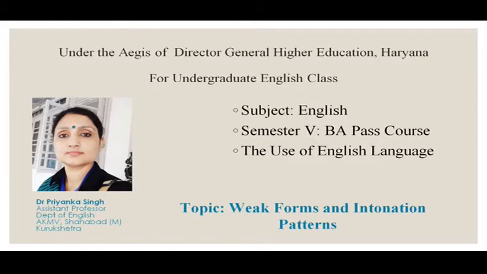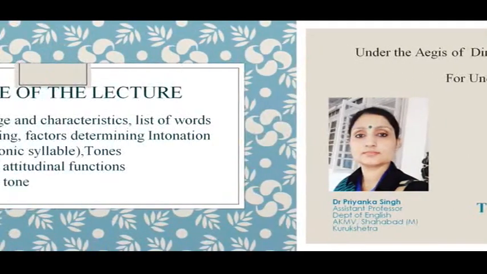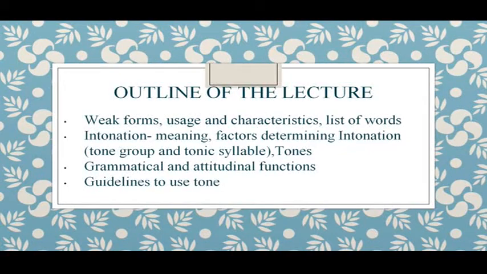This lecture on the use of English language will focus on two key areas of spoken English: weak forms and intonation patterns. The lecture will introduce to the students the strong as well as weak forms of words that are characterized by accented and unaccented patterns.